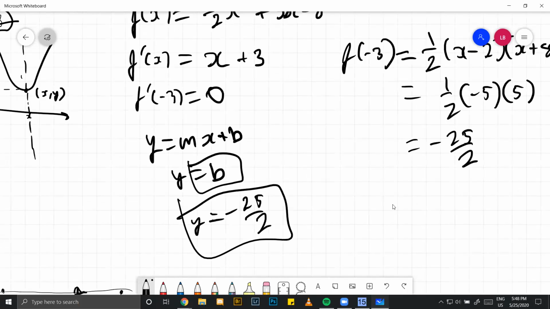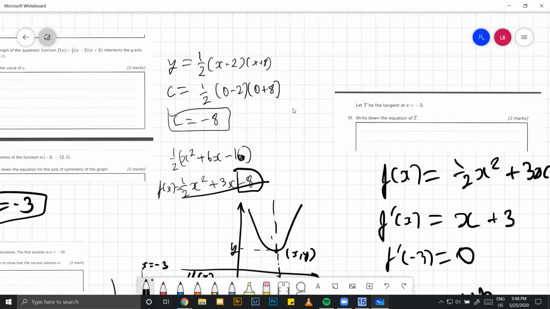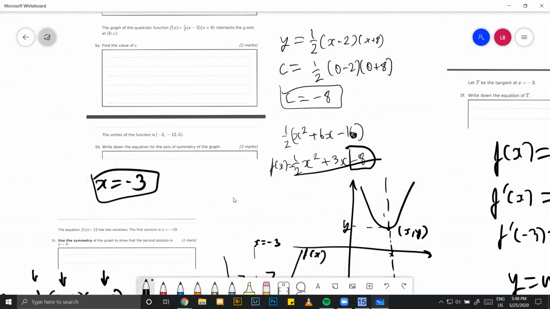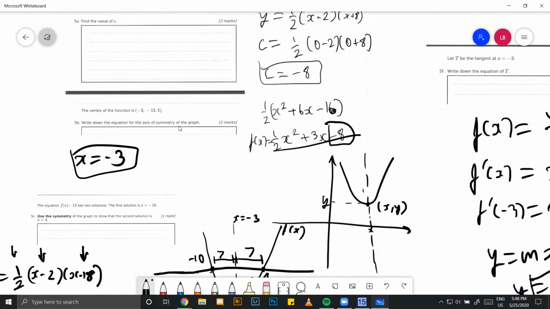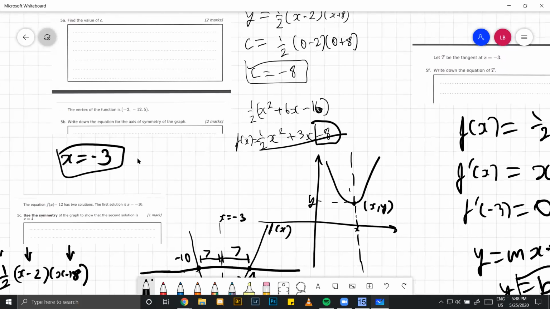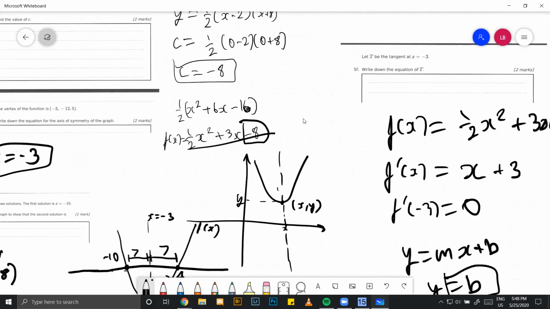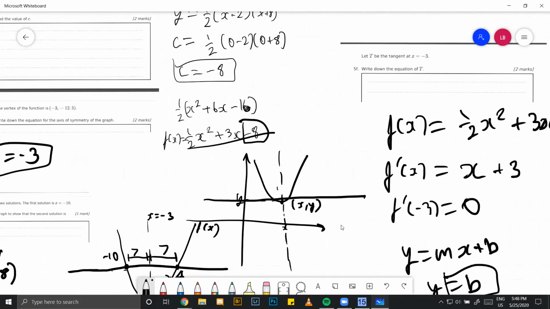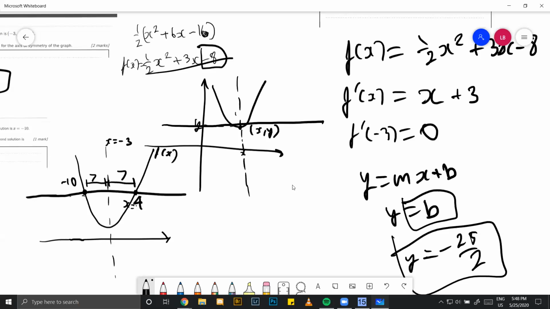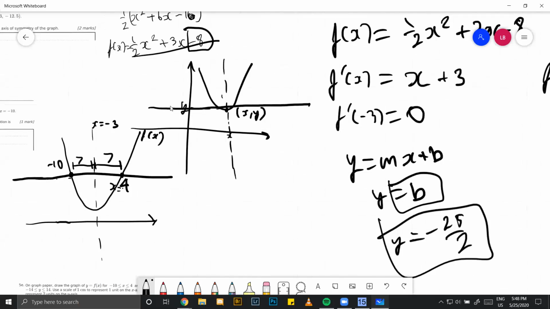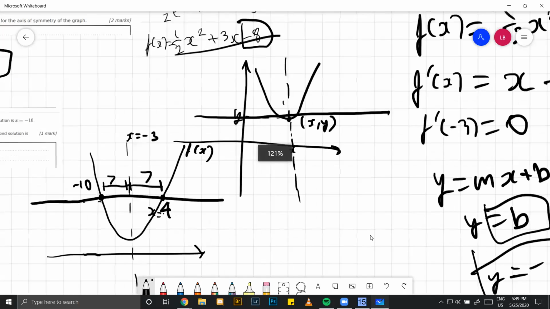Now, another way that you could have figured this out very quickly and easily, because I'm an idiot, is to notice that the vertex is -3, -12.5, which means the vertex is this bottom portion over here. So I already knew the derivative is equal to 0. All I needed to do is just write down y is equal to -12.5, which is the same as -25 over 2.